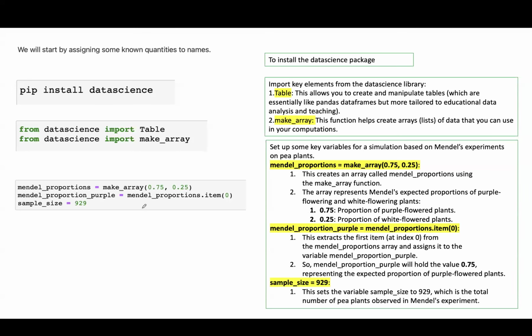Now, what are we going to do? We're going to extract the first item, which is located at index 0, to the variable which we call mendel_proportion_purple. And remember that Mendel had 929 plants. This is going to be your sample size.